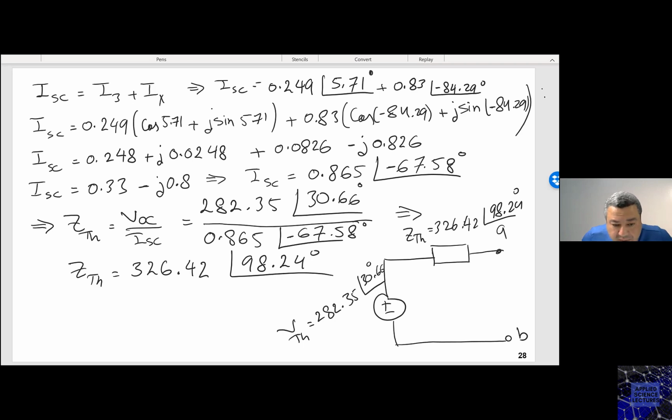Okay, so this is the Thevenin's equivalent circuit for that circuit that we have seen at the frequency that was not given to us.